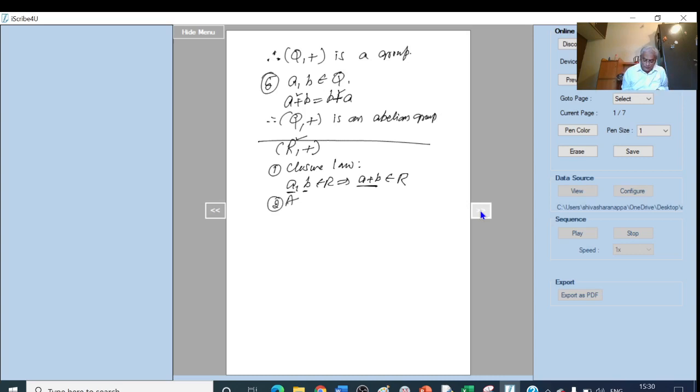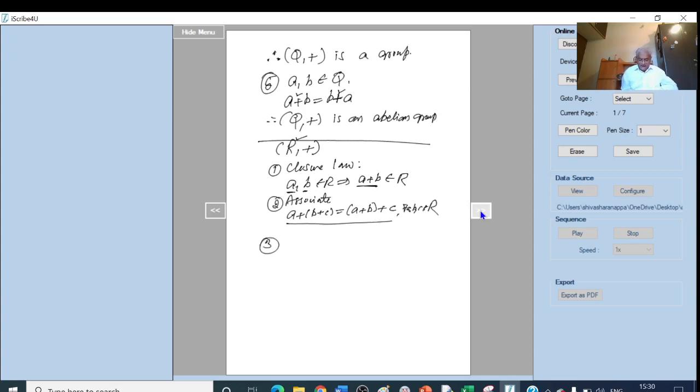And here associative law definitely holds because our operation is plus. That is here, A plus of B plus C is equal to A plus B plus C. This is true for all A, B, C belongs to R. So that is here, associative law is also satisfied.